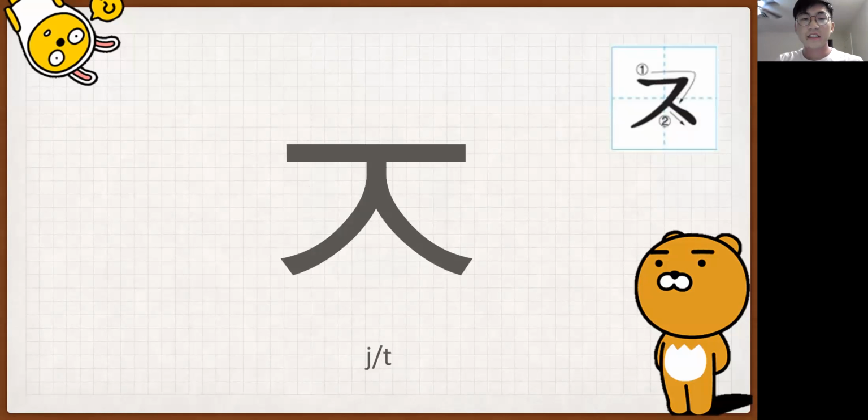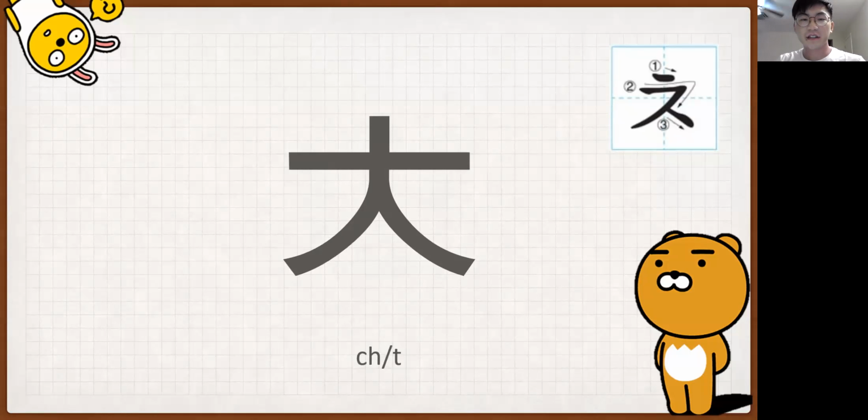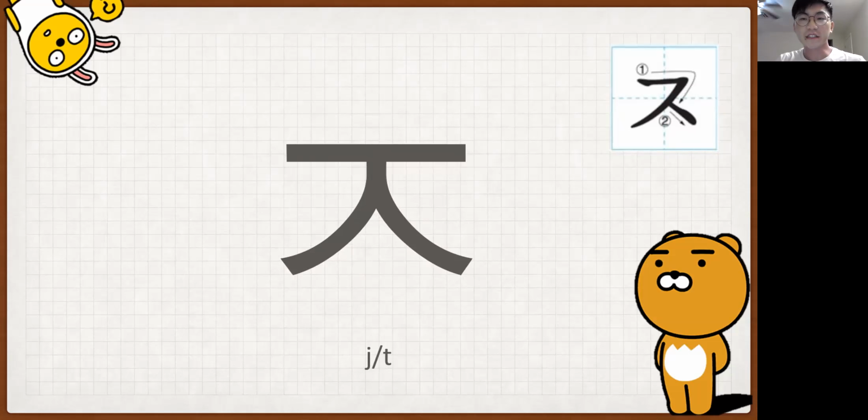Next one is jieut. This is similar to chieut. This is CH, this is J. Is this also like a soft T or a little bit harder?